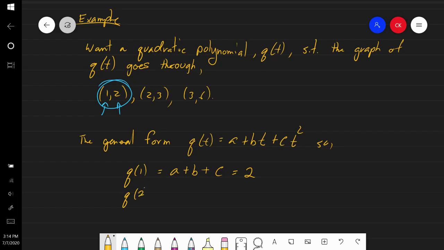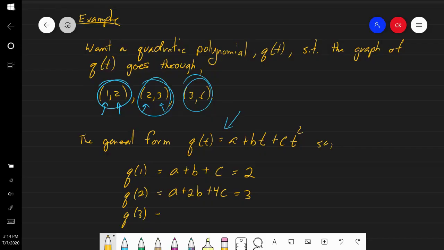Q of 2, from the second data point: if I input 2, I'm supposed to output 3. So q of 2 would look like a plus 2b plus 4c, and again, the output there is supposed to be 3. And lastly, we'll take the point (3, 6) and run it through our function. So q of 3 is a plus 3b plus 9c equals 6.